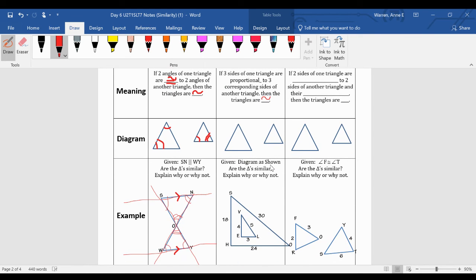Sometimes when we look at this, it's going to come from actual measures of triangles more likely than just having markings. So with congruence, you saw a lot of tick marks. Now, technically, we can mark sides as proportionate.